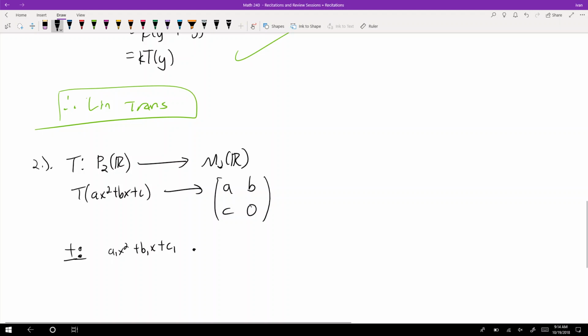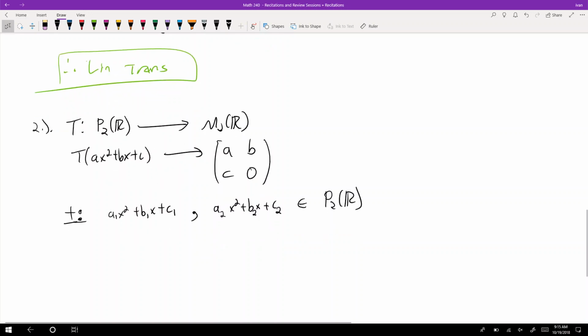And then I'll choose a2x squared plus b2x plus c2. And we're going to take these in P2R. Okay, and then now we got to do T of these 2 polynomials added to each other. So this is really (a1 plus a2) x squared plus (b1 plus b2) x plus the quantity c1 plus c2.